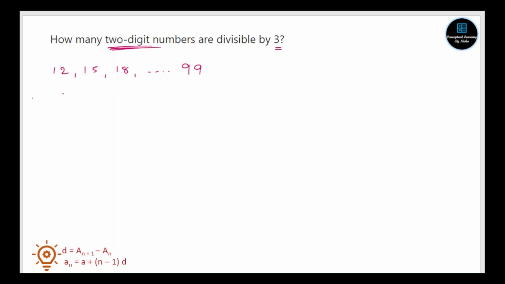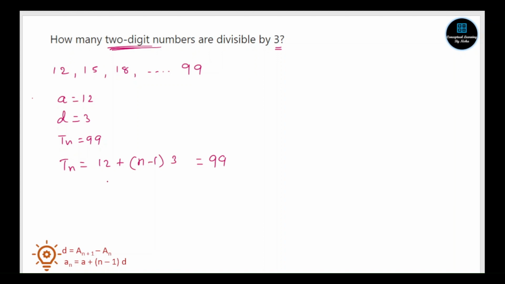So let's now write all the stuff. So a equals 12. Common difference is 3. And we have the nth term, Tn equals 99. Now I can find the value of n. So Tn equals 12 plus n minus 1 into d. So d is 3 and this is 99.